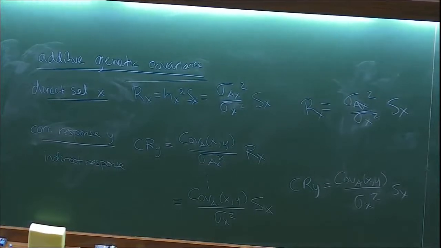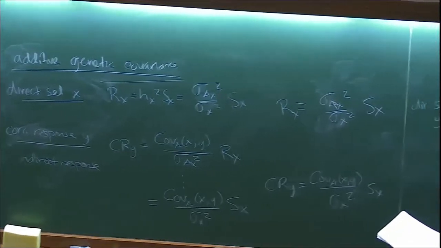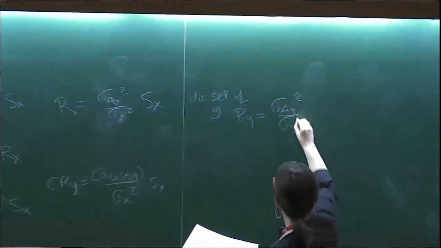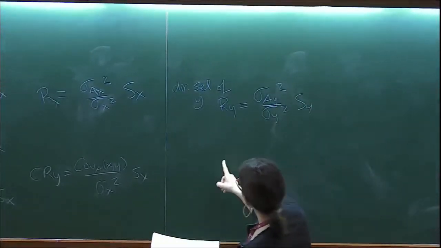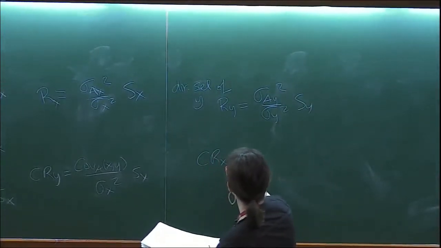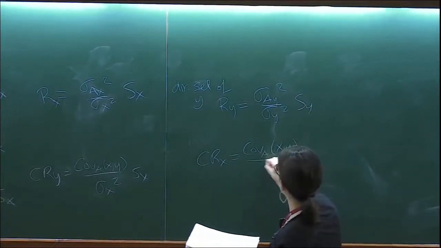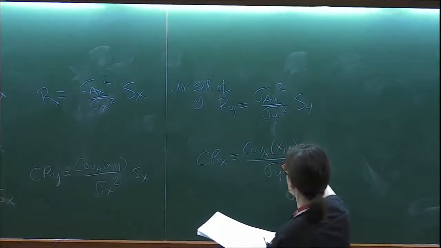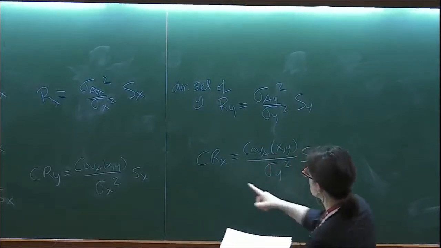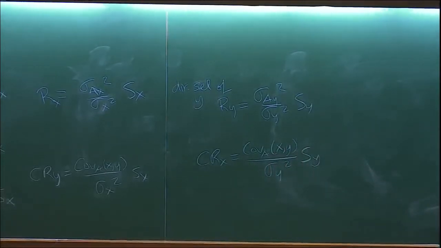And obviously, if this is true for selection on X, it's also true of selection on Y. So if we have direct selection on Y, the response in Y is given by this, and then the correlated response in X is given by the same quantities with additive genetic covariance. The response in X and Y, so it goes in both ways.